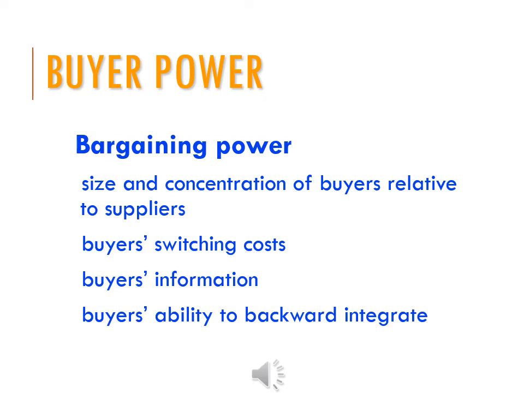Another one is that bargaining power is also determined by the size and concentration of buyers relative to supply. For example, I'm a huge customer of your company, and a very important customer because I buy, for example, 50% of what you can produce.